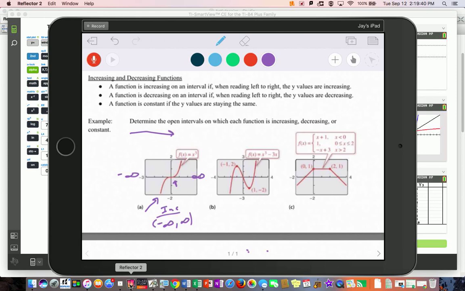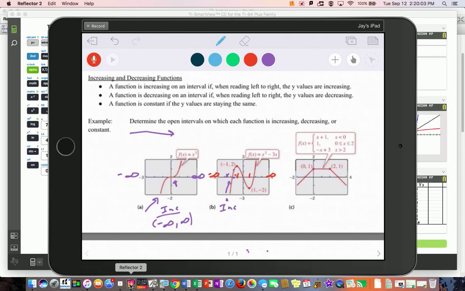Now here they're marking everything for us, so if I do negative infinity to -1 and 1 to infinity, working left to right, I could pick an x that's about right here, and its output would be down here. And if I pick this x, its output is up here. So you can see that it's increasing.